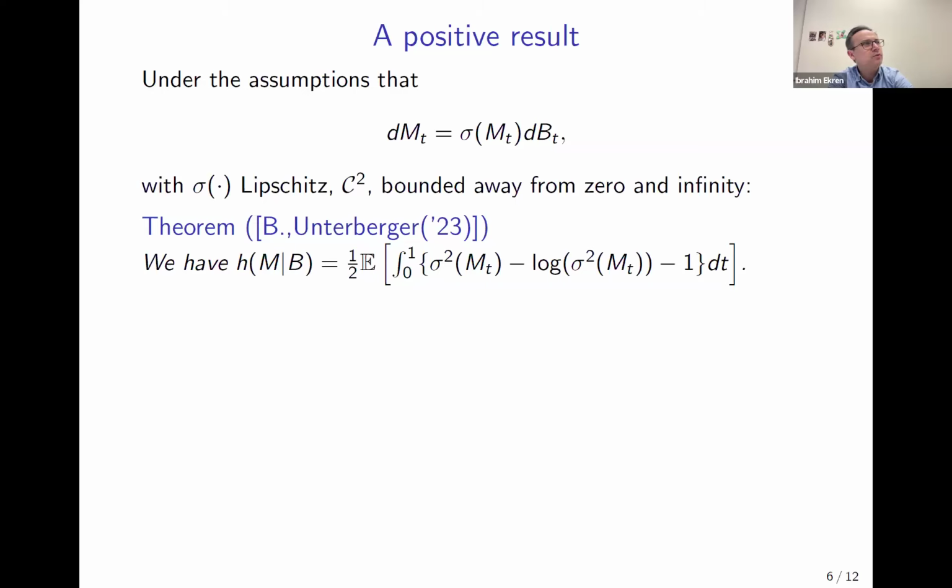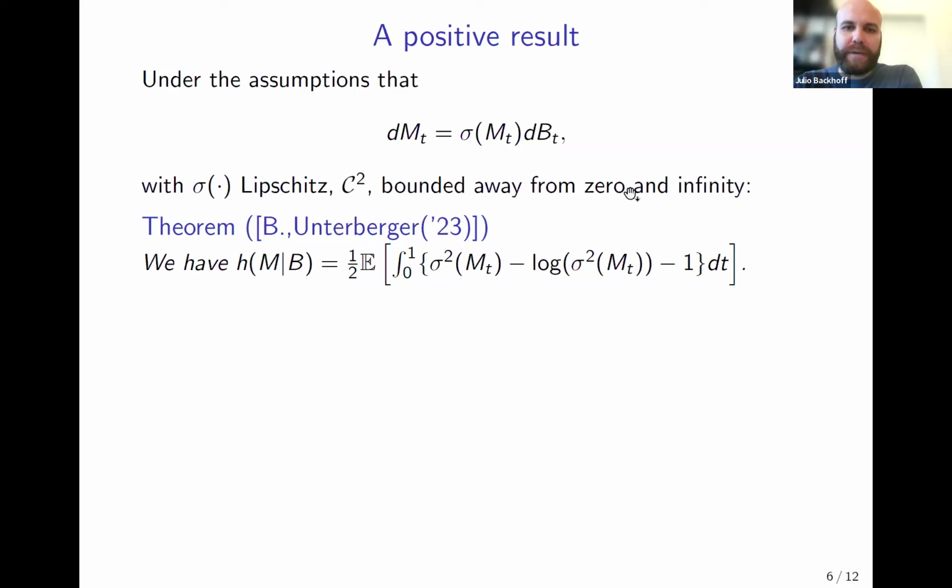Your sigma is sigma of M_t divided by the square root of 1 minus t, so this is still moving. No, I meant, for instance, that sigma is Lipschitz in time and in space. I would hope that if you are in the setting of Ito theory for SDEs, you can have a positive result. But I'm not completely sure about being away from zero.